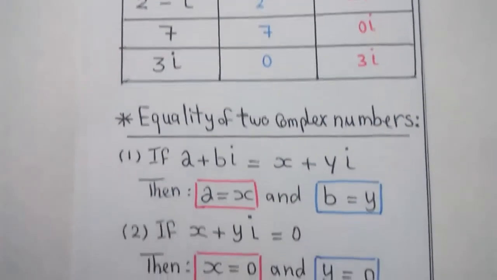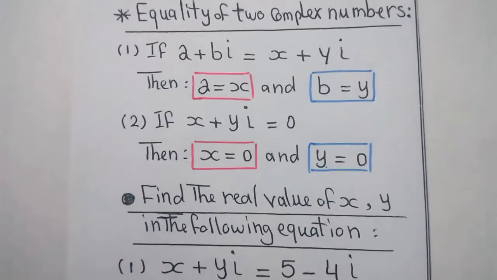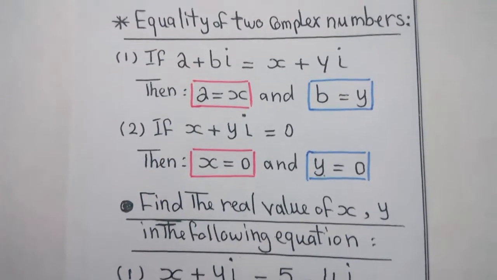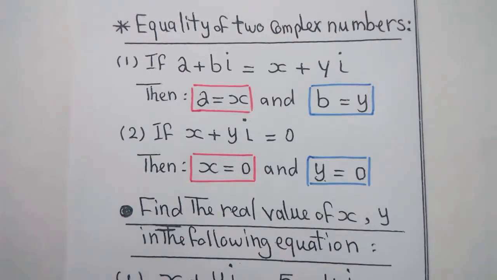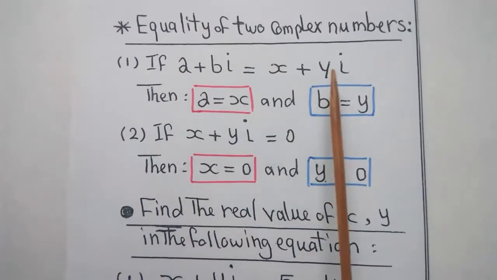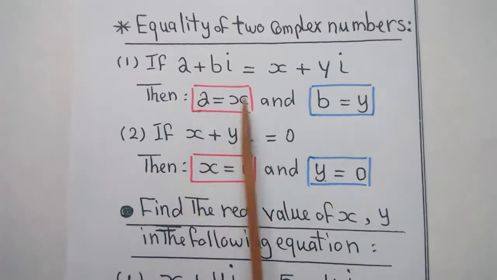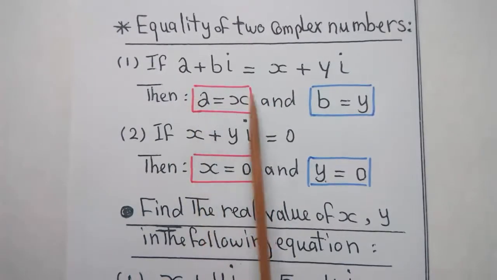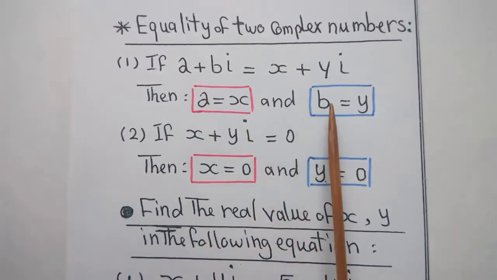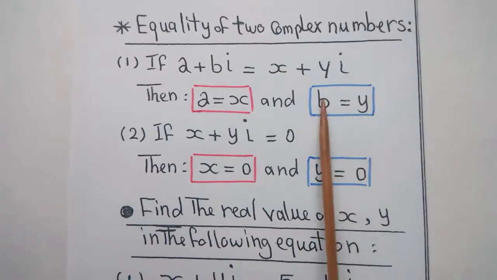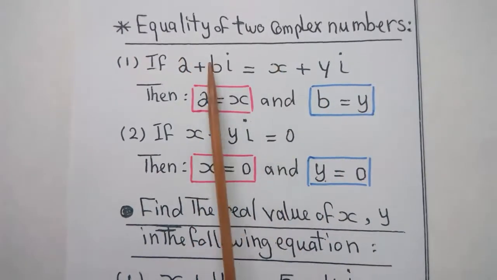Equality of two complex numbers. There are two cases in equality of complex numbers. First case, if a plus bi equal x plus yi, complex equal complex, then real equal real, and imaginary equal imaginary, يعني a equal x, b equal y.